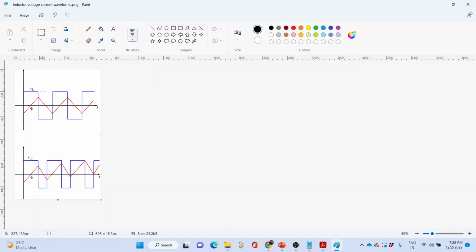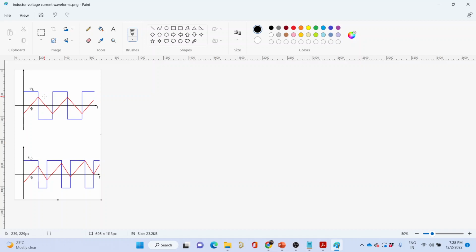What happens if the volt second balance is not met? If that condition is not met, what happens? Any idea what happens? Unbalance of energy. That means that much charging and not that much discharging.